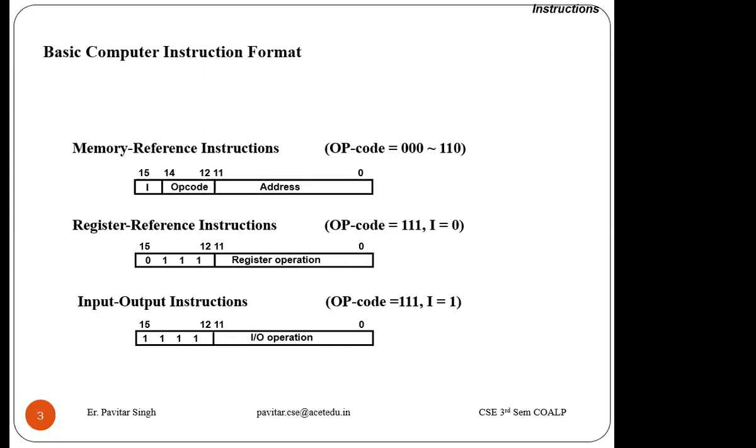Your instruction is of 16 bits, and it is divided into operation code, your address, or it may be operand, or the I-th bit.